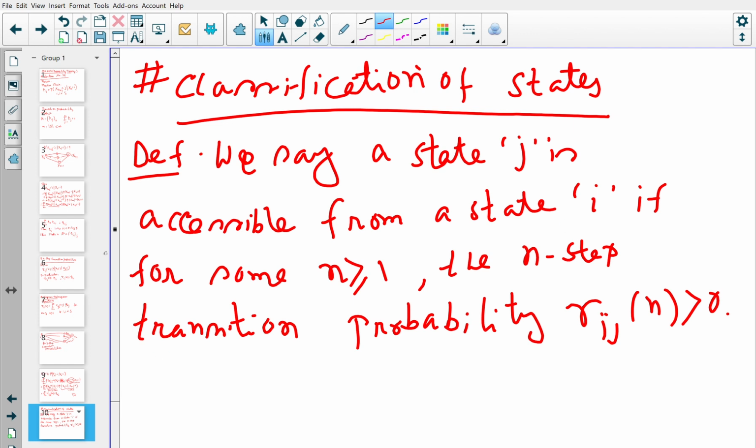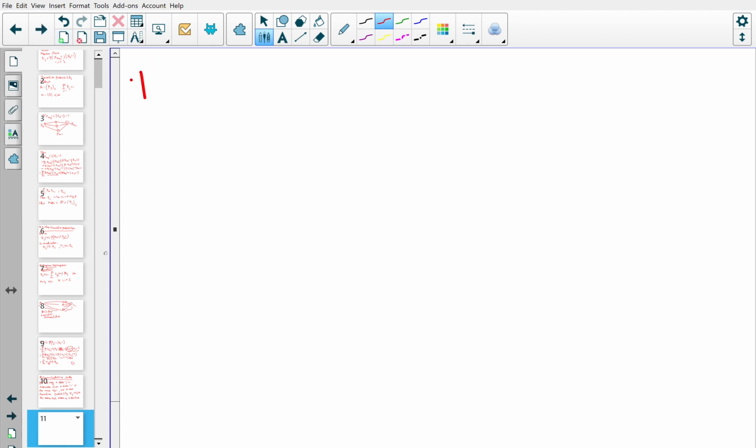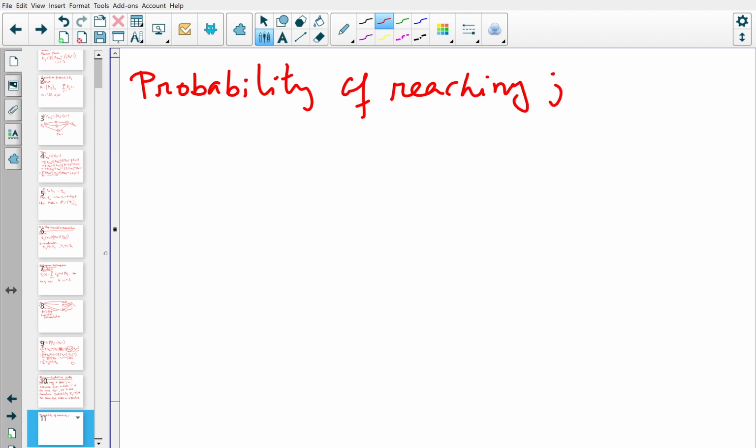This means that there is a positive probability of reaching j from the state i.